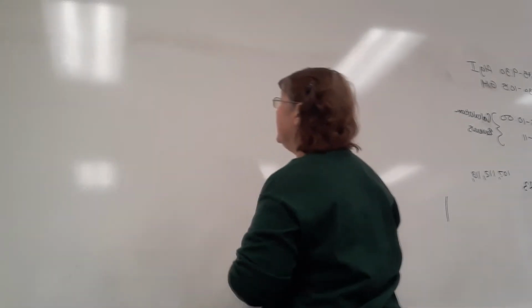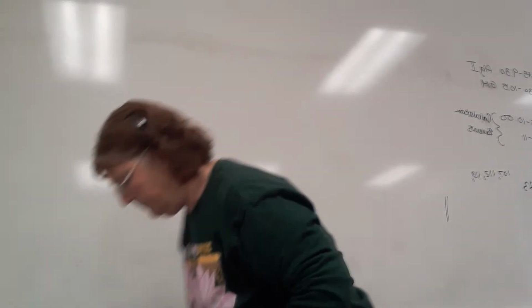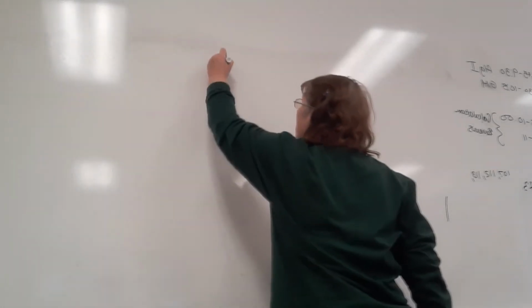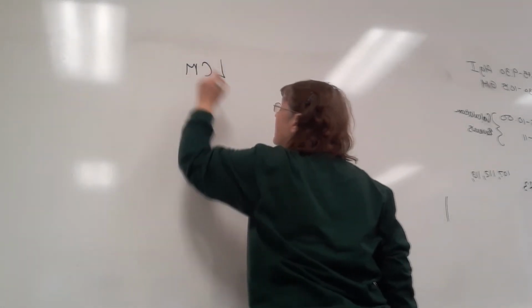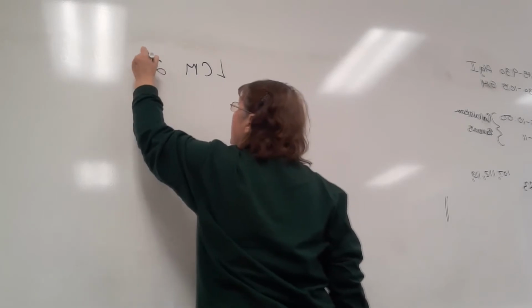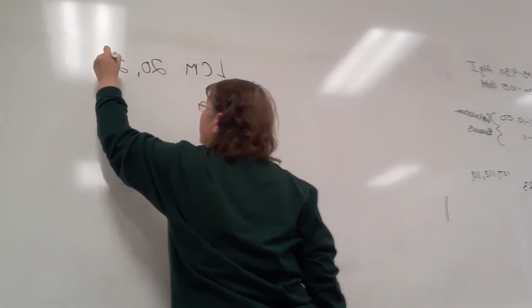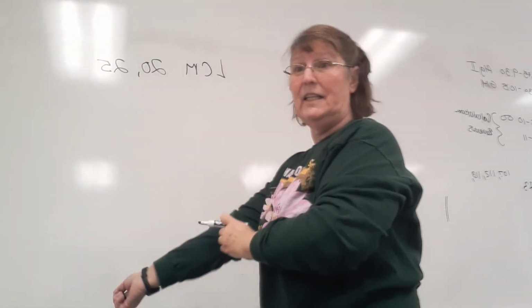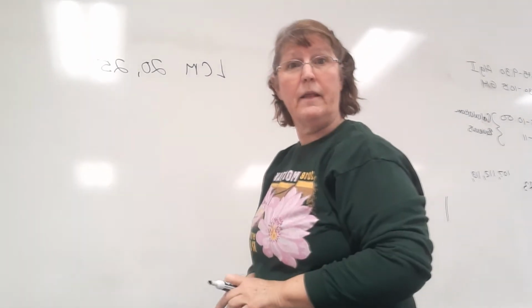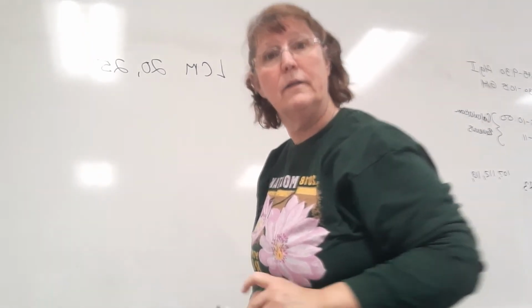Let's find the least common multiple of 20 and 25. The bigger the number, the more you might have to list out. But I think this one's going to be okay.